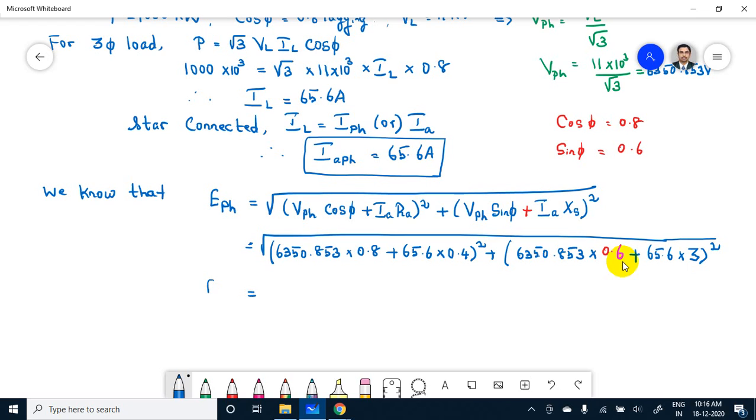So please give me the answer. E phase. Sir, 6491.47. Good. 6491.47 volt. Okay. This is E phase, EMF generated per phase.